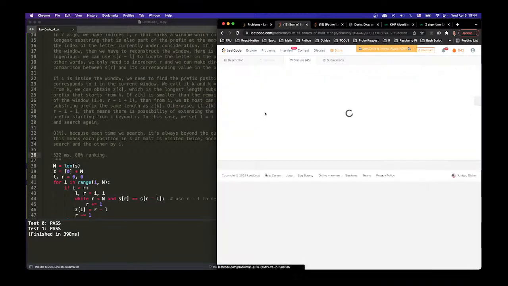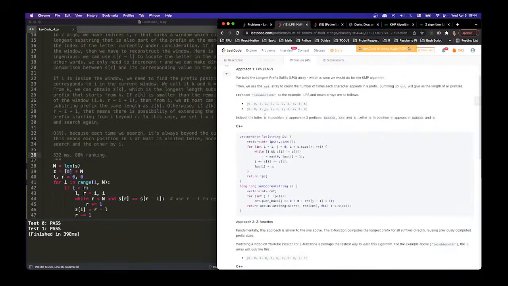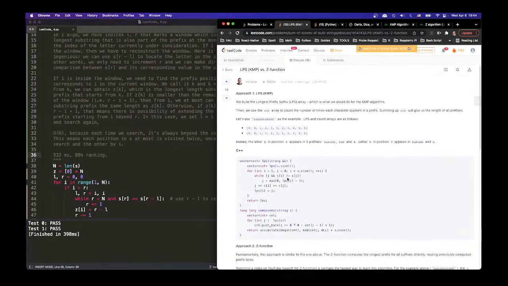Now, this is just a Z function. You just need to know the Z function. Oh, I guess you can. You can do KMP. Count the number of times each character appears in a prefix.